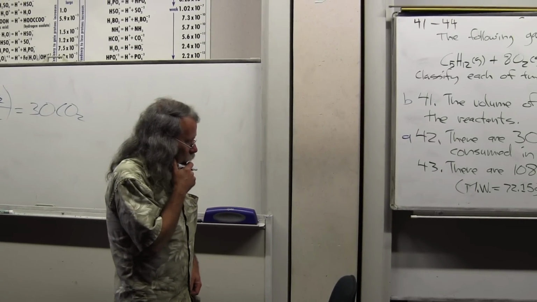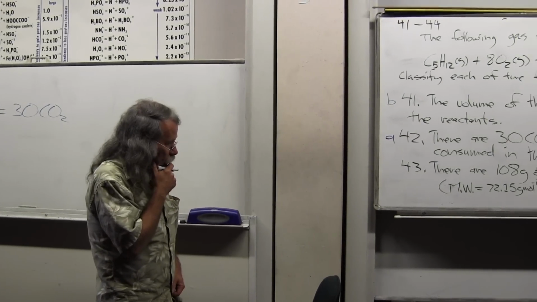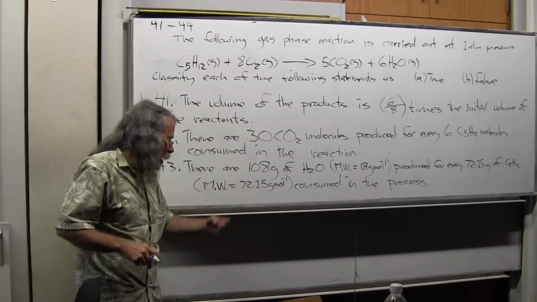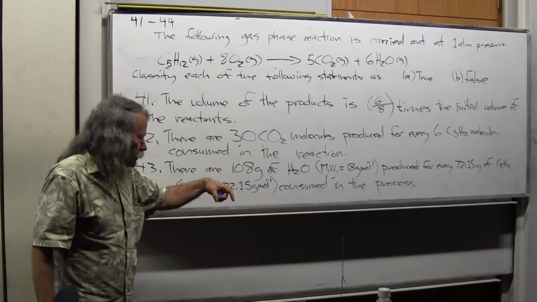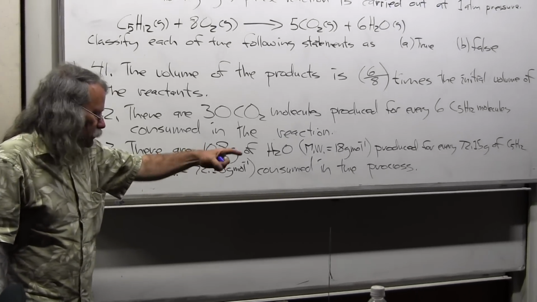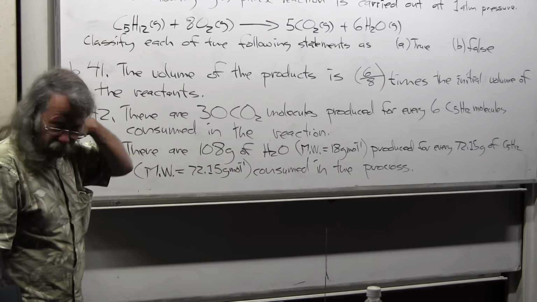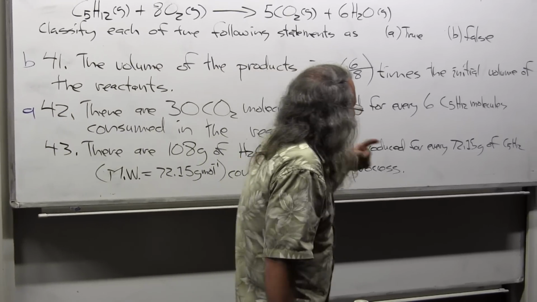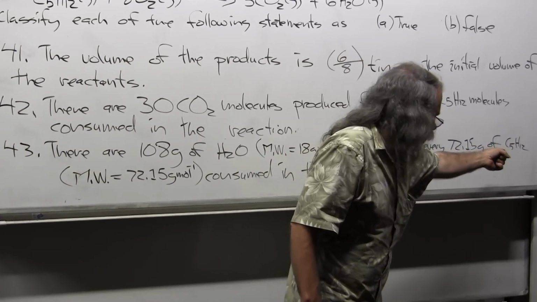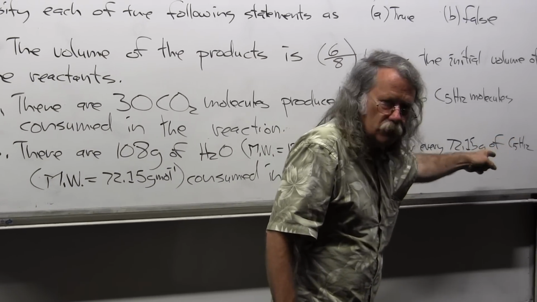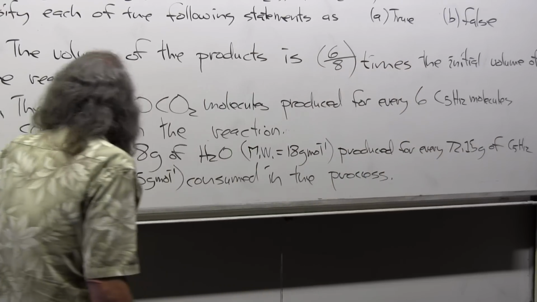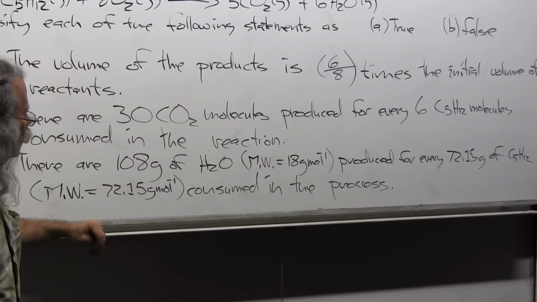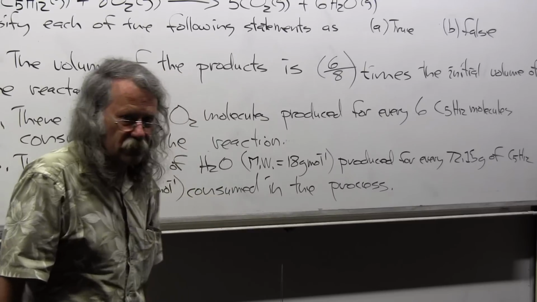And now, number 43. There are 108 grams of H2O, which has a molecular weight of 18 grams per mole for the purposes of this problem, produced for every 72.15 grams of C5H12, or pentane, molecular weight equals 72.15 grams per mole, consumed in the process.